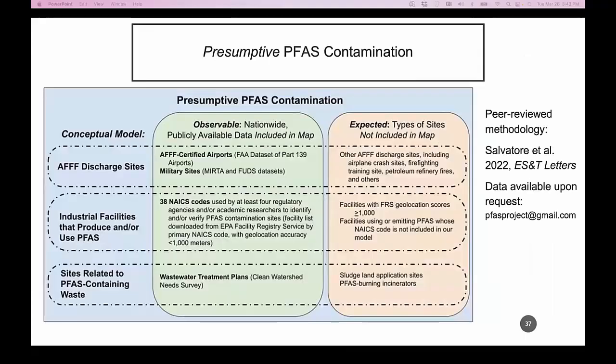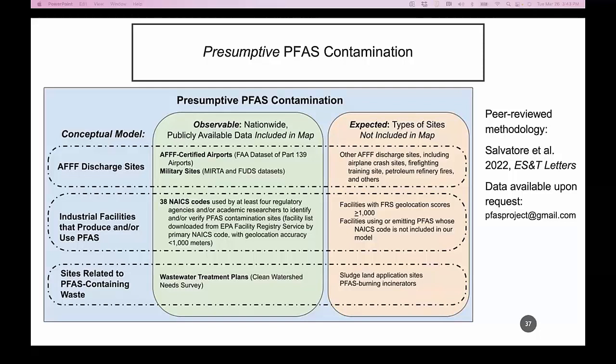We also have developed a model of presumptive PFAS contamination. This is the idea that because PFAS testing around the country, and of course around the world, has been very uneven, we don't actually know all of the locations that are contaminated with PFAS at the current time. So we compiled existing research papers and regulatory documents that linked particular types of sites with known PFAS contamination.